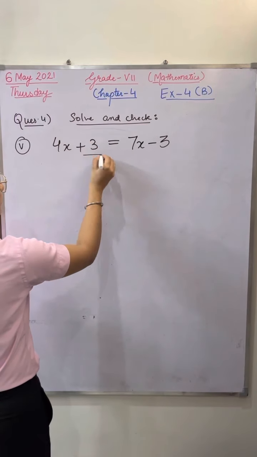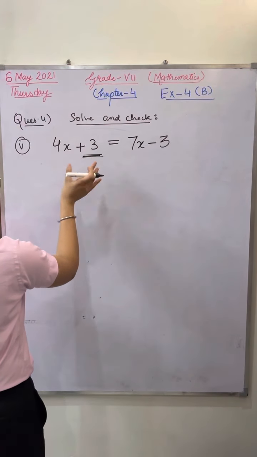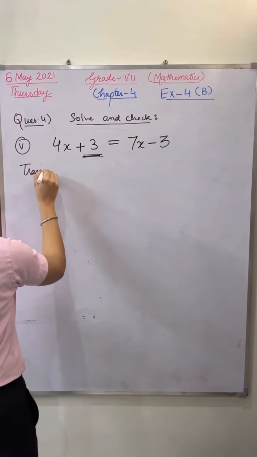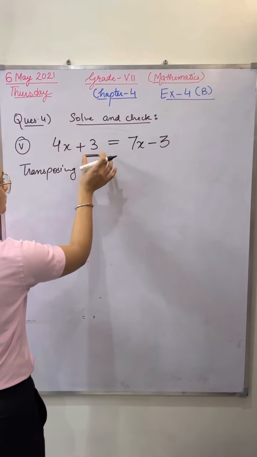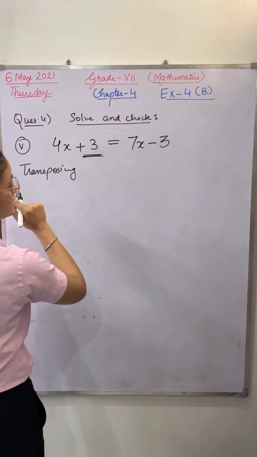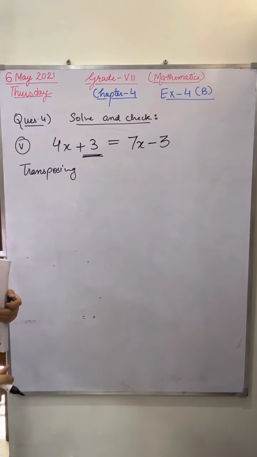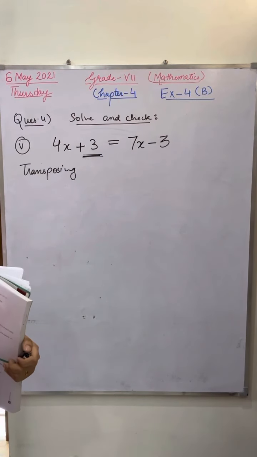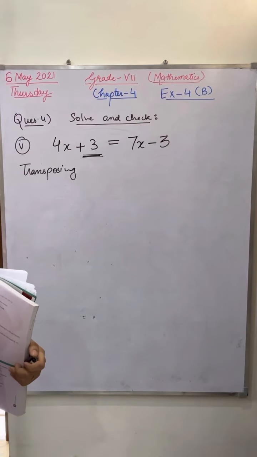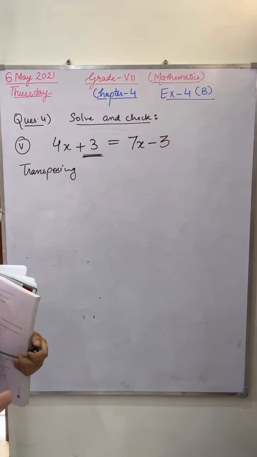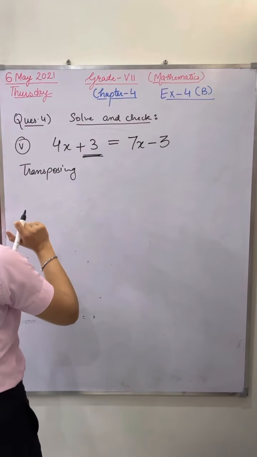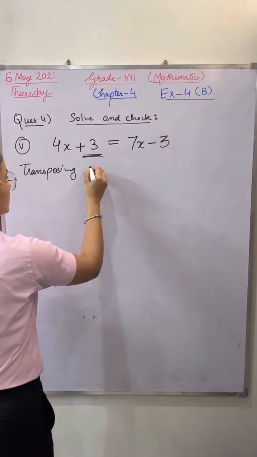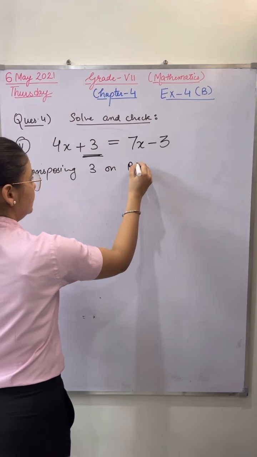If any constant value is present on the left hand side, you always have to go with the transposing method. Transposing which value? You have to transpose the constant value always. So which is the constant? This is the variable. This is the constant, 3. So transposing 3 to the right hand side.